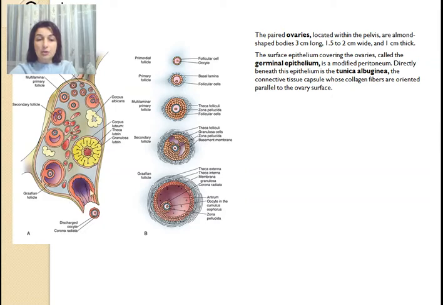Then the cells of the follicle will grow into actively hormone producing cells, and they will accumulate the yellow pigment, and there will form the corpus luteum.